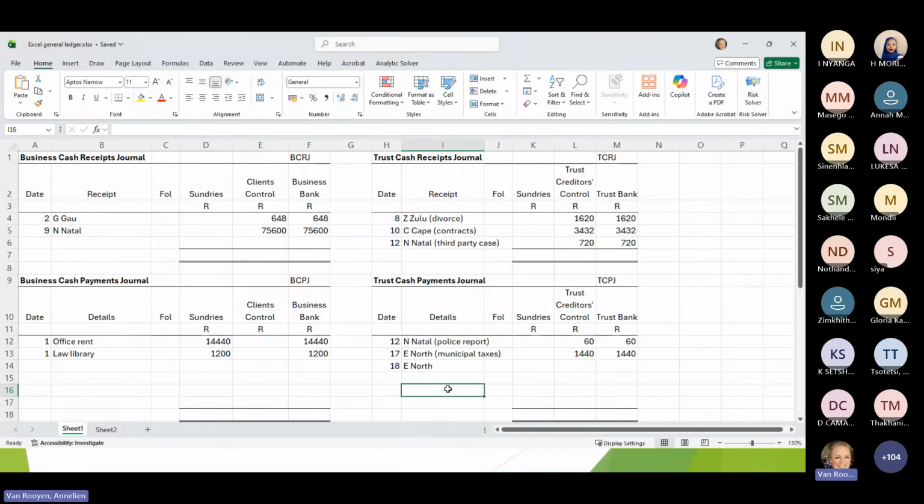18th, yes. On the 20th, eNatal is invoiced with fees in respect of the third-party case. Which journal are we going to use?